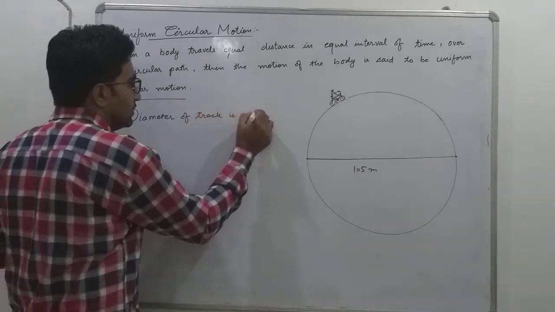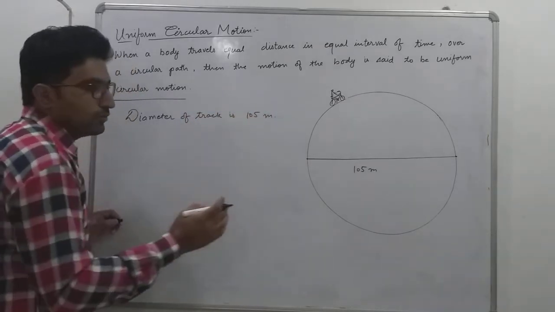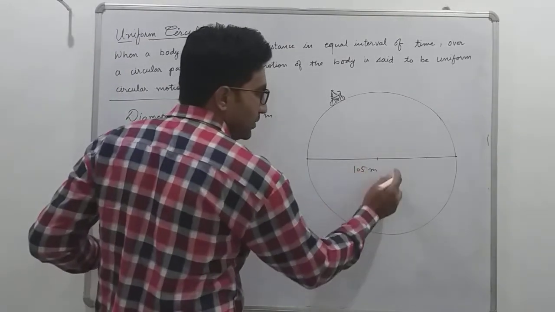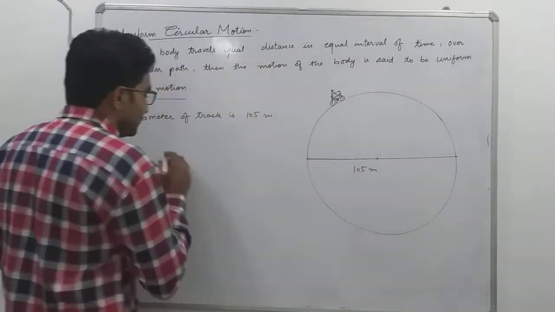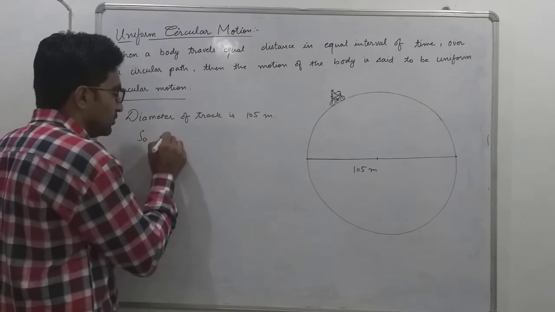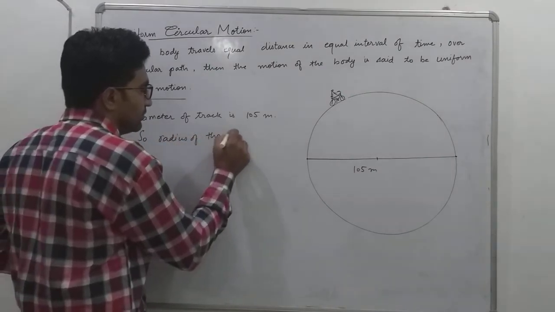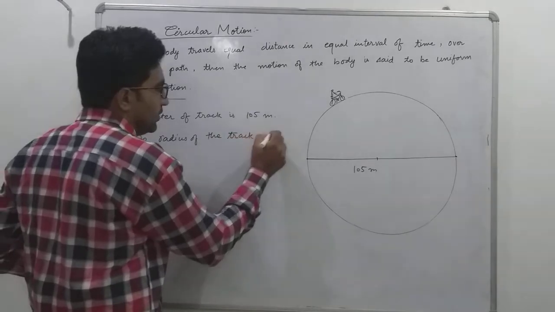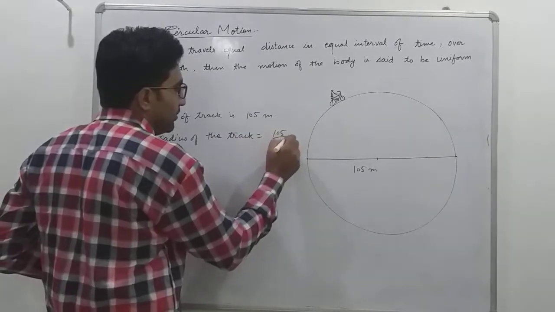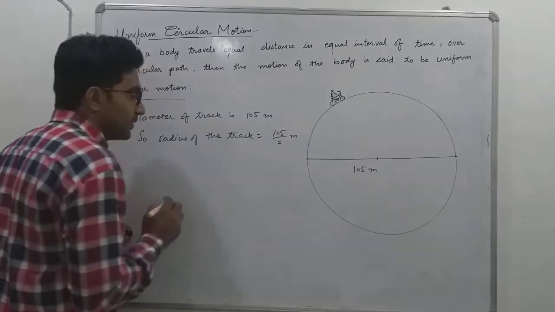The diameter of the track is 105 meters. So we have to first find out the radius, and the radius will be half of the diameter. So the radius of the track will be equal to 105 divided by 2 meters.